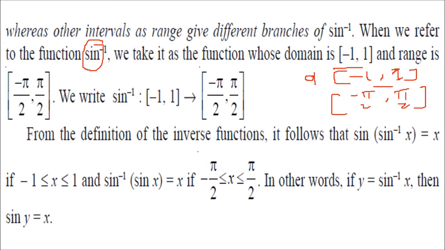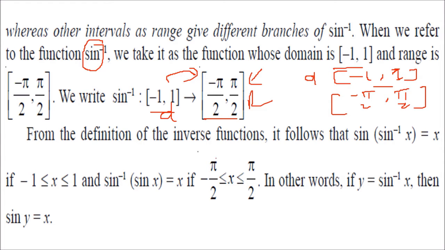Sine inverse takes values from -1 to 1 and gives values from -π/2 to π/2. It can give other values also, but we will take only values from -π/2 to π/2, because this is what we have decided. This will be our principal value branch.